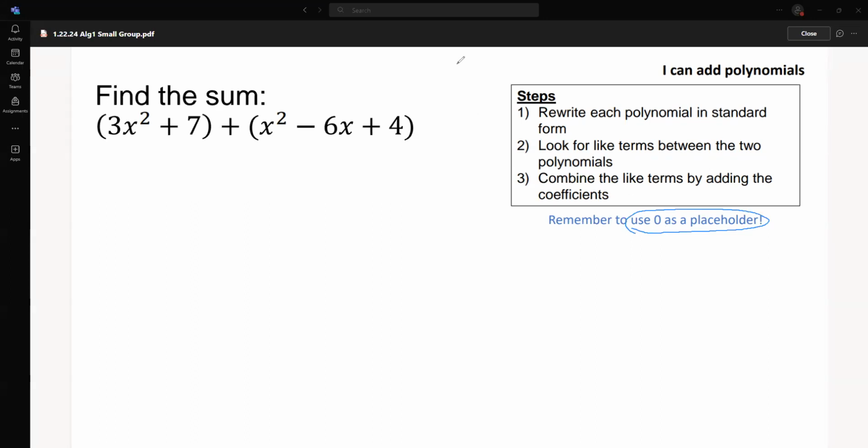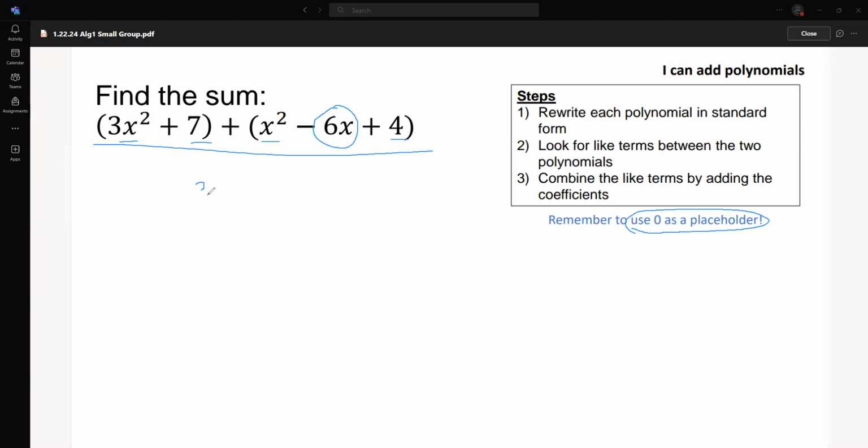It's like when you're doing double digit multiplication, you add a placeholder of 0. Same thing you do here. So you're going to write each polynomial in standard form. Like terms: x squared, none, none, right? We don't worry about this digit because when we add that 0 as a placeholder, this is okay. So now let's go.